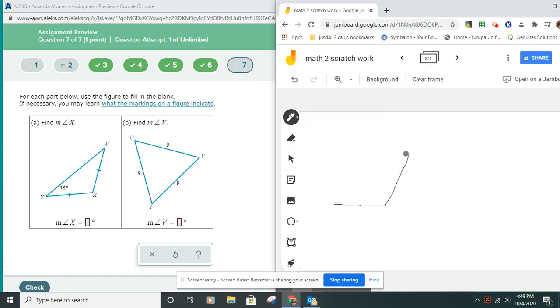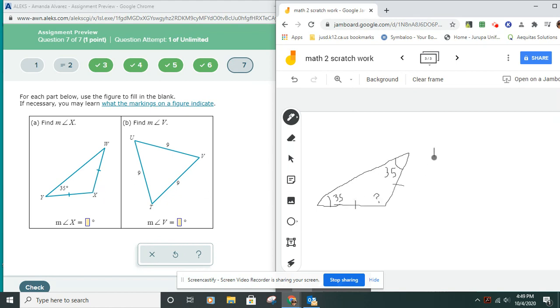So it's like this. Kind of. Okay, so that side and that side are congruent, so therefore the base angles across from them are congruent. We've got 35 here, 35 here, and then we are trying to find X right there. So I just kind of resketched that.